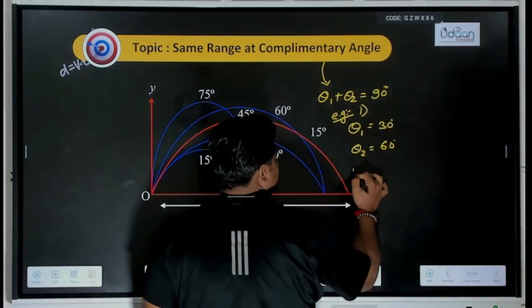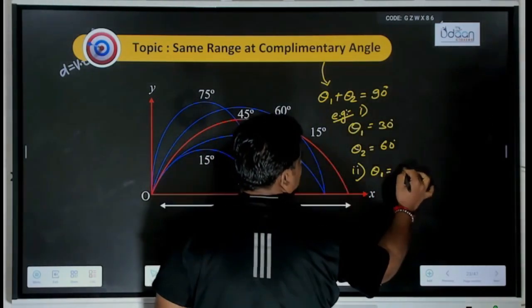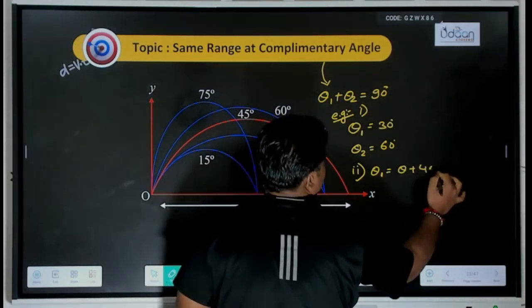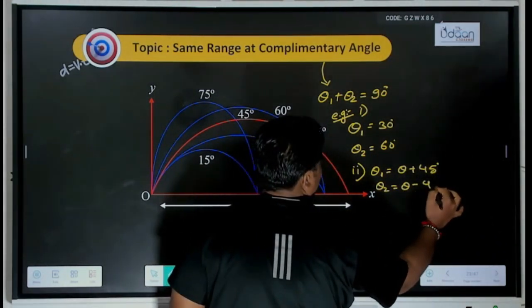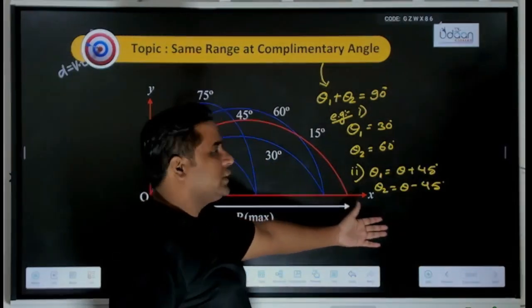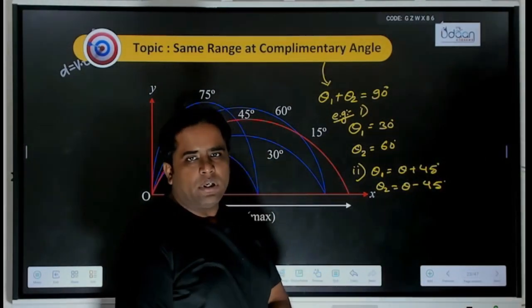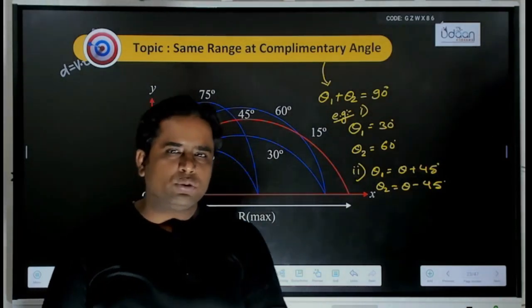Can I give you one question? Yes, sir. If I am telling you theta 1 is theta plus 45, and theta 2 is nothing but theta minus 45, do you think that at these two angles the range is going to be same?